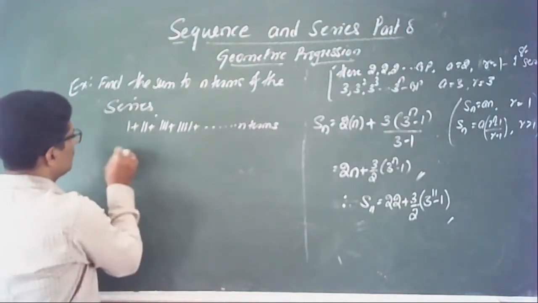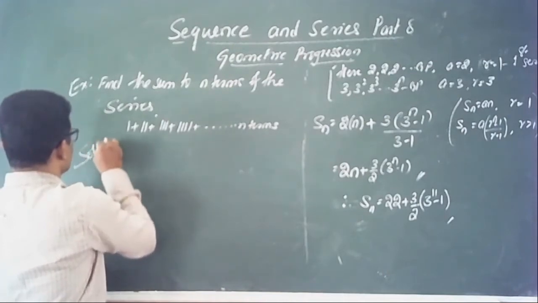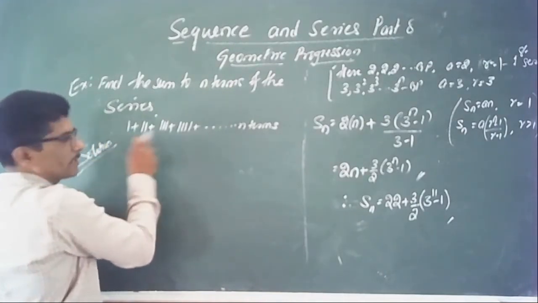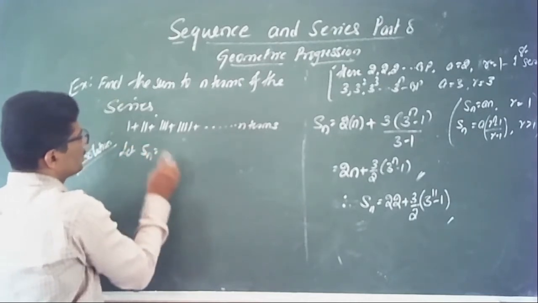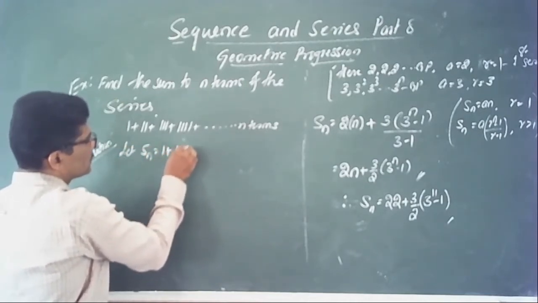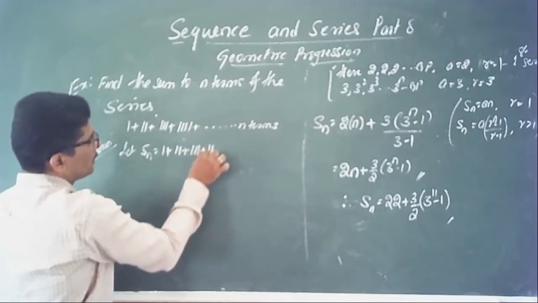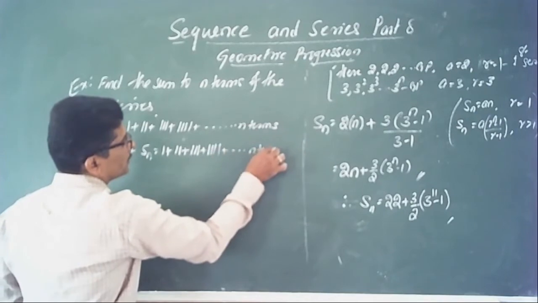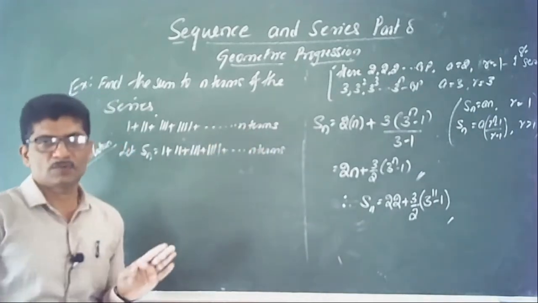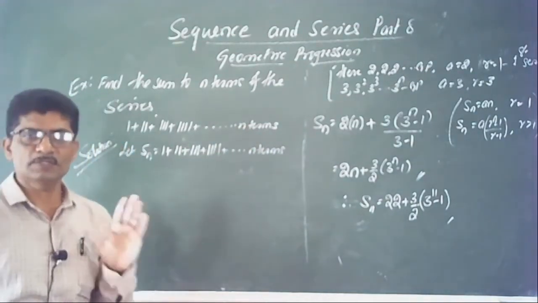Here you know the solution. First take the given series, the sum of n terms is equal to Sn. Sn is 1 plus 11 plus 111 plus 1111 up to n terms. N terms means n times 1: 1, 1, 1, 1, 1 up to n times.